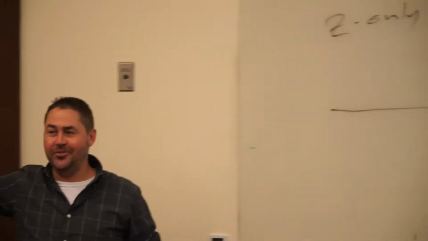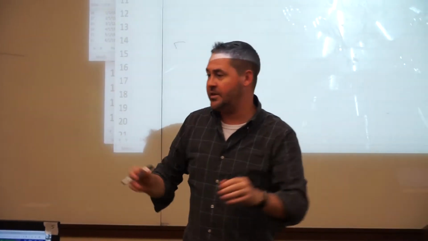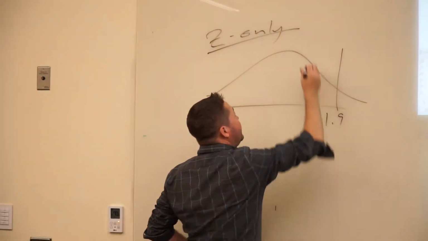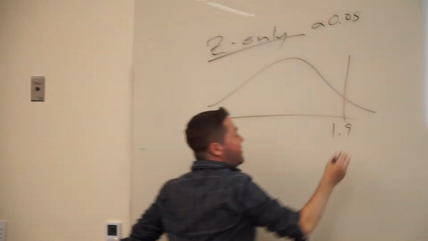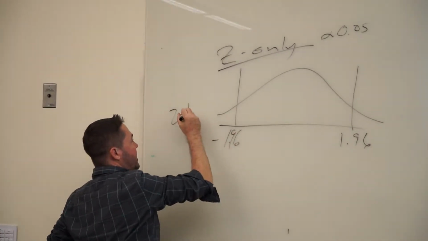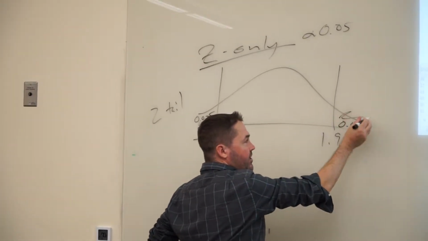For T, you have to do the T.INV and the T.DIST in Excel, right? Because it requires degrees of freedom, n-1 for chapter 9, or n-2 for chapter 10 with 2 populations. There are sheets of tables, but I would have to give you so many different sheets of paper because there are so many degrees of freedom. But for Z only, alpha 0.05, if it is two-tail, it's 1.96 and negative 1.96, because you have 0.025 here and 0.025 here in your rejection zones.